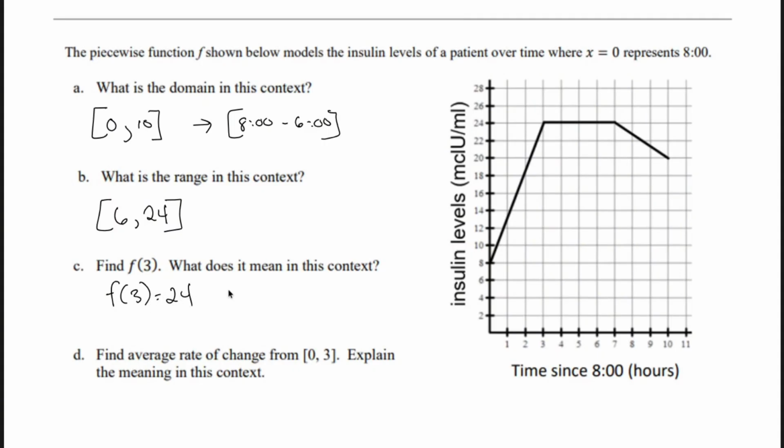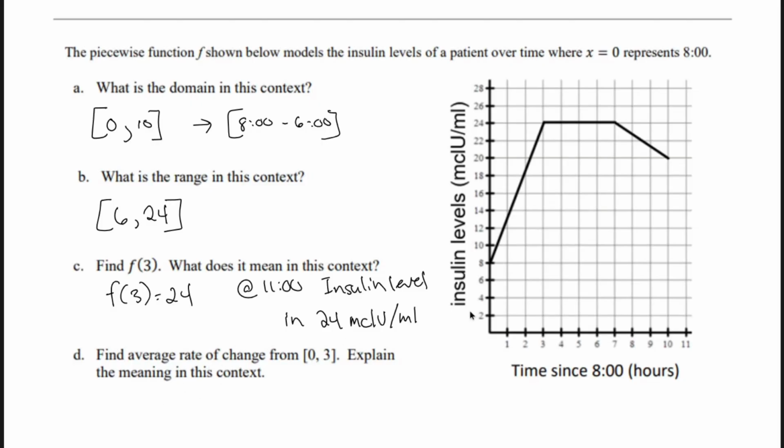So that means 3 hours later, so at 11, the insulin level is 24 mononucleosis units per milliliters. I don't know. Find the average rate of change from 0 to 3.